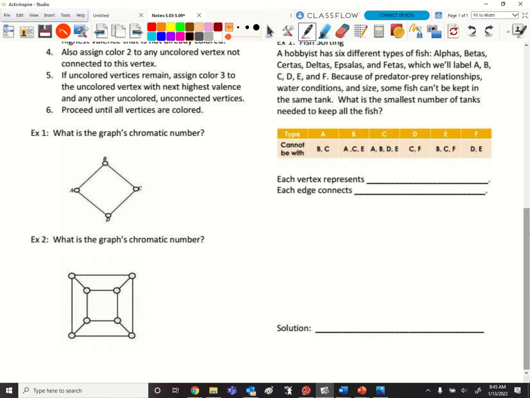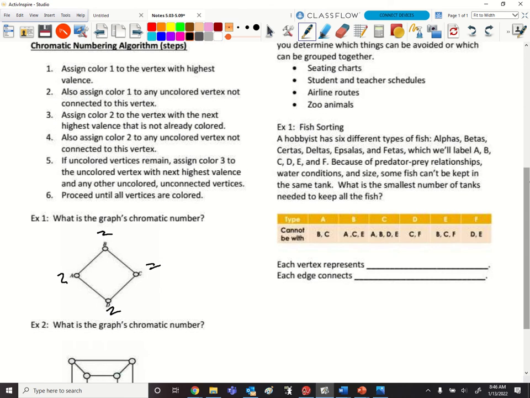How many number of edges are at this point right here? There's 2 there. How many valence? 2. How many? And 2. Assign one color to the vertex with the highest valence. They're all the same. So, all right, let's go with red. I'm going to do a red.